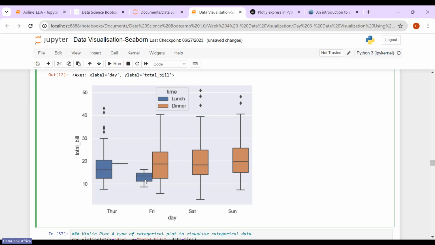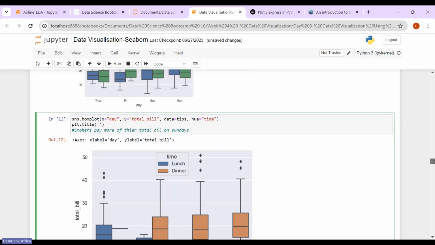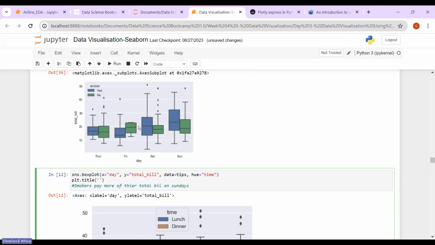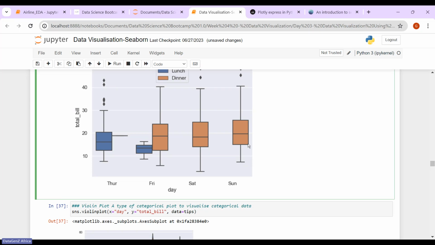On Saturday, no lunch at all. So the smokers and the non-smokers, they actually came for dinner, not lunch. See, nobody came for lunch. They came for dinner. So that tells you that these people that are coming, the smokers, are not even coming for lunch.